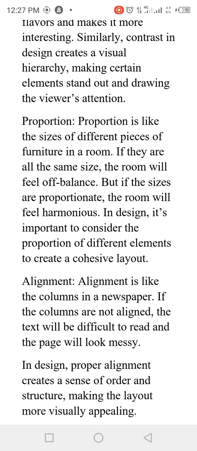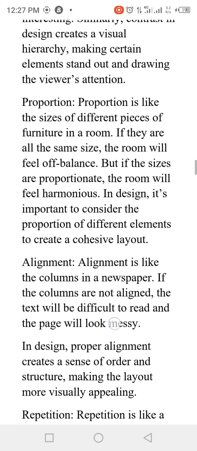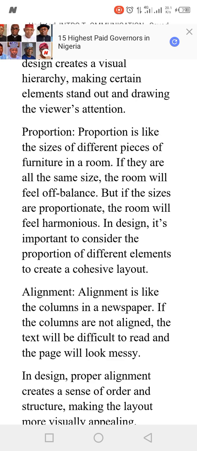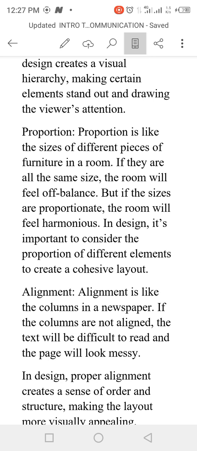What this means is specific to the font sizes and the font type. This is what proportion is talking about, because there shall not be any design that you will embark on without giving the design a title as well as writing some words that follow it. You must make sure that the size of your title for the design is different from the small words that you write to accompany the design.